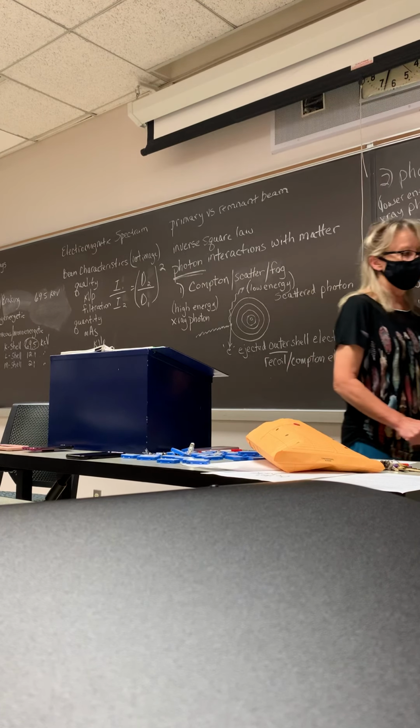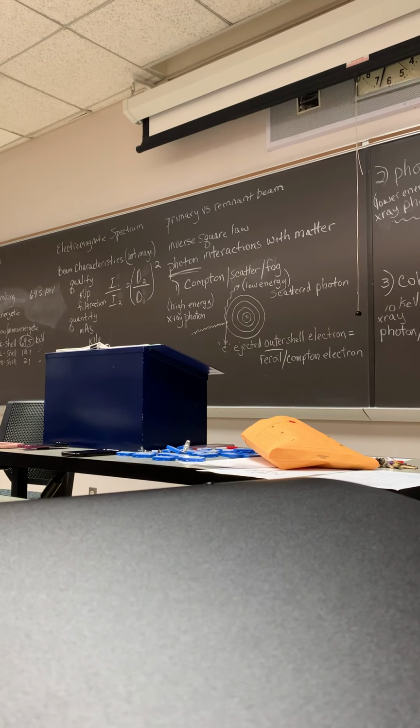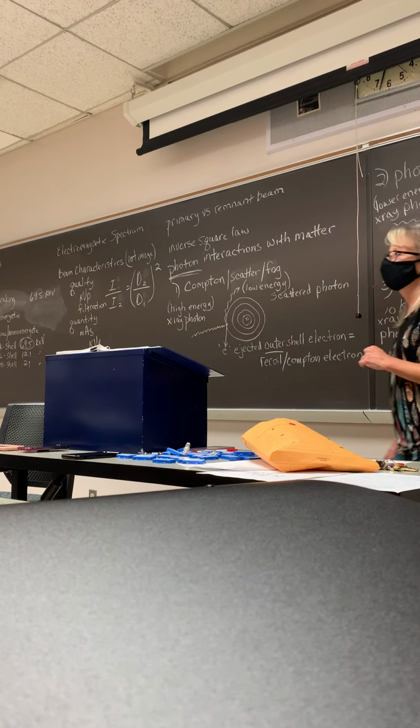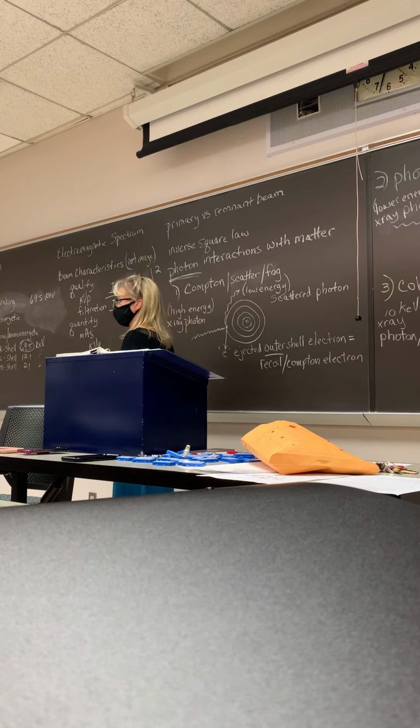The inverse square law is the next thing on your outline. What is the inverse square law? If you were to describe it to me without telling me the formula, which I wrote there.